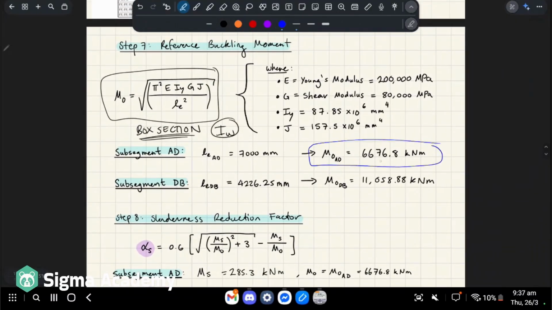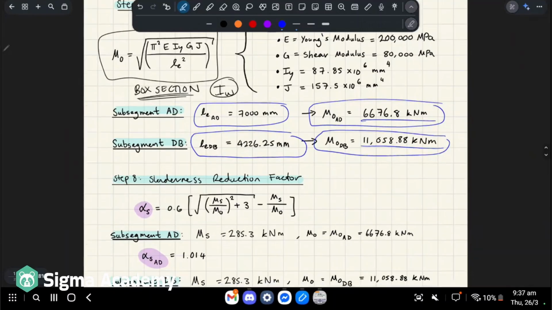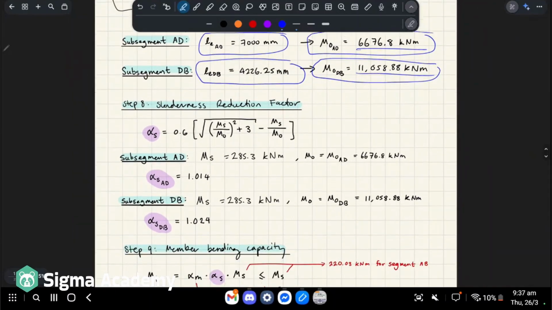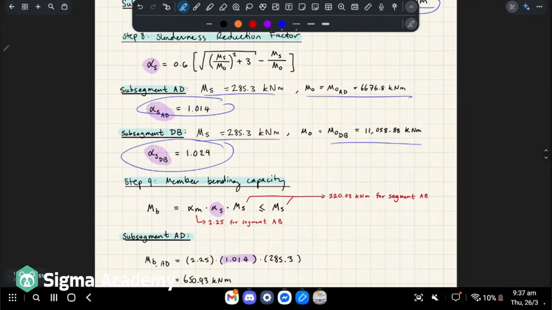Yeah, and so once we plug in LE, which is the only part that's different between the subsegments, we find these two values, okay? Slenderness, reduction factor, yeah, we just plug these ones in, right? And then we get two different slenderness values, right?